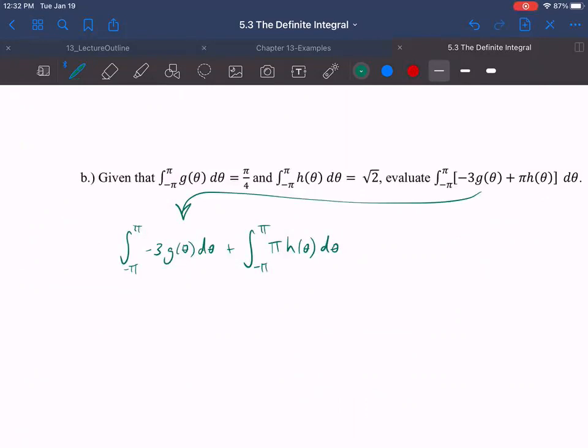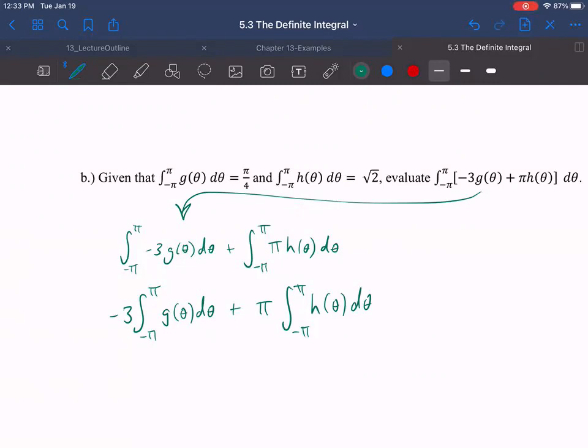Now we can bring any constants out in front, right? So this becomes negative 3 times our integral from negative pi to pi of g of theta d theta. And then this becomes plus pi times our integral from negative pi to pi of h of theta d theta, like that. Okay? And we know what the integral from negative pi to pi of g of theta is.